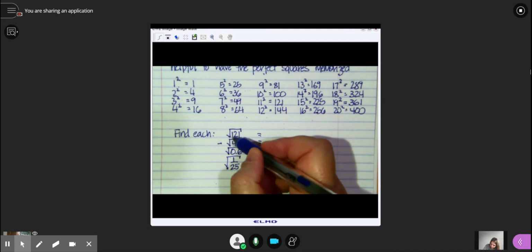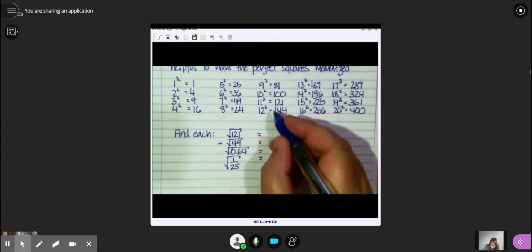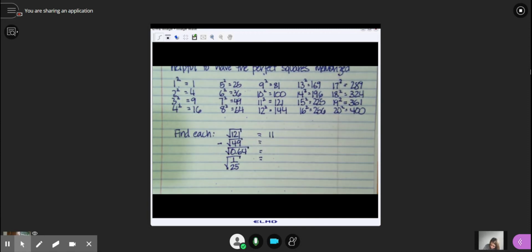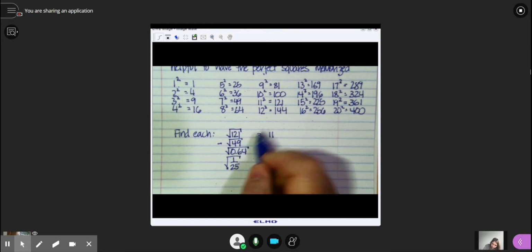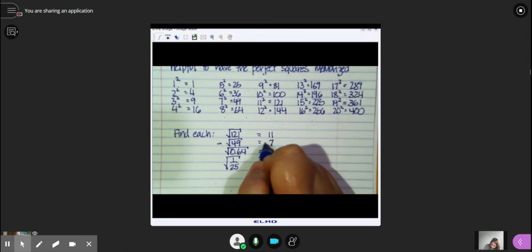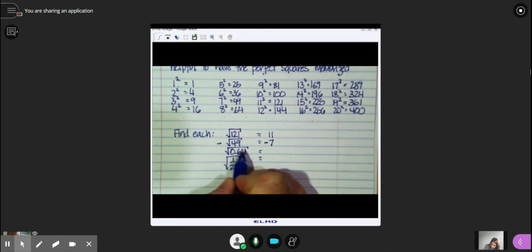Now, there's no doubt in my mind that the square root of 121 is 11, and many of you would know that the negative square root of 49 would be 7, but you've got to put the negative out front. Square root of 0.64. I can do this, but many of you may reach for a calculator.